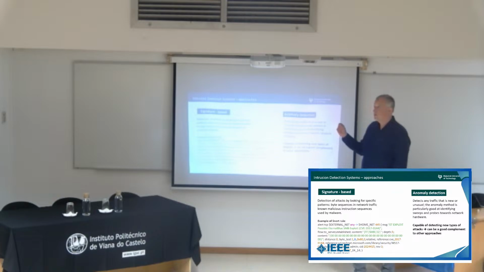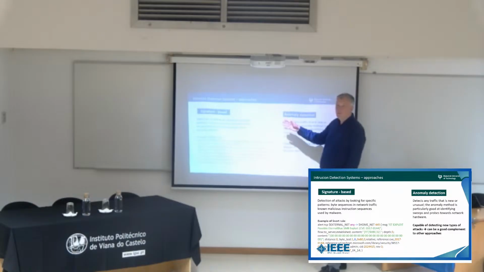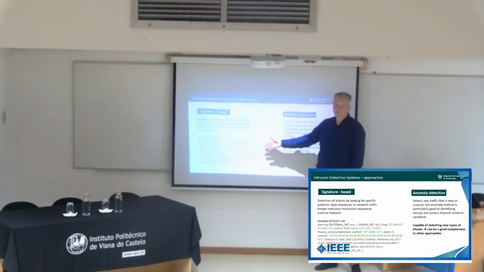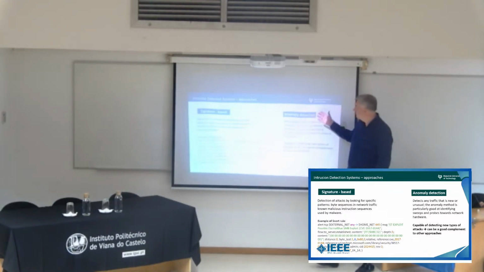When we move this information from real life to cybersecurity, we have generally two main approaches to detecting attacks, mice, and so on. We have the signature-based system, and another option is anomaly detection.